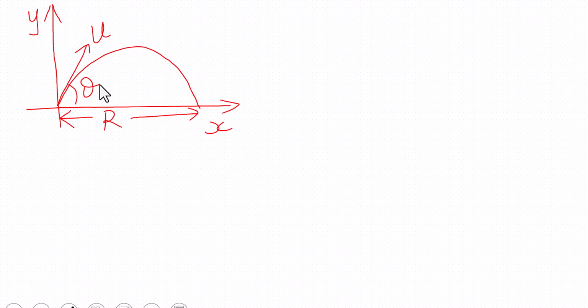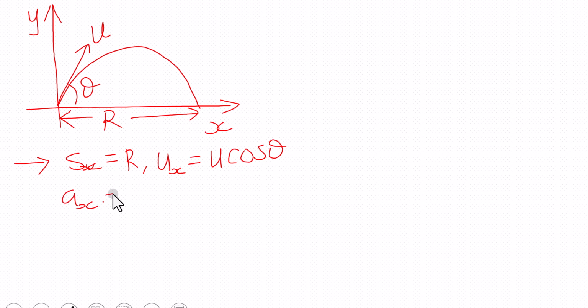So if I consider motion in the horizontal direction, our s in the x will be R. Our u in the x will be u cos of theta. Our acceleration in the x will be 0. Our t in this case will be capital T, because it is the time of flight from this point up to that point. And I think that's all.